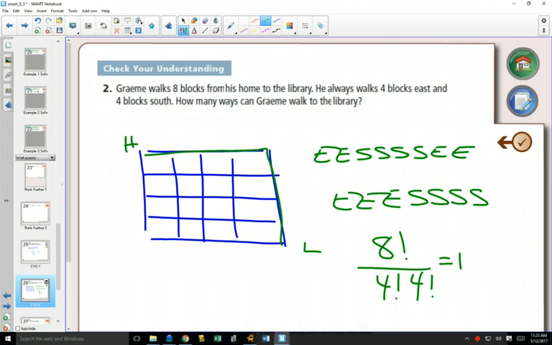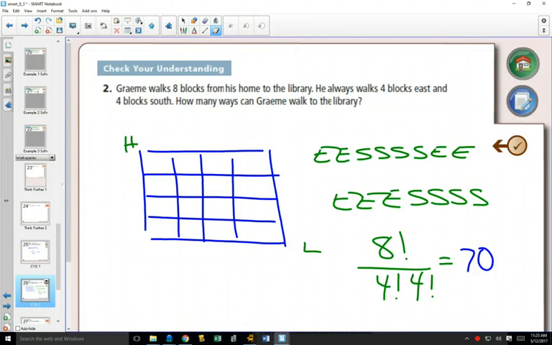For some reason, I think, no, 70. Oh, man. 70 different ways. So we can count this question as a Mississippi question.